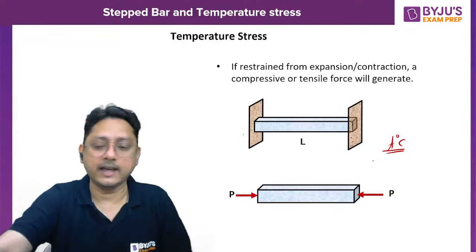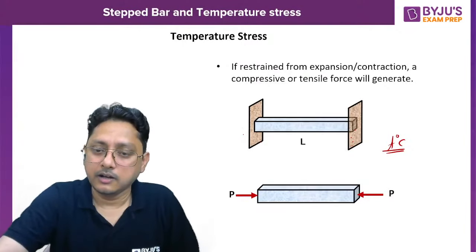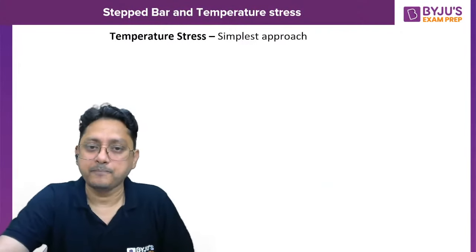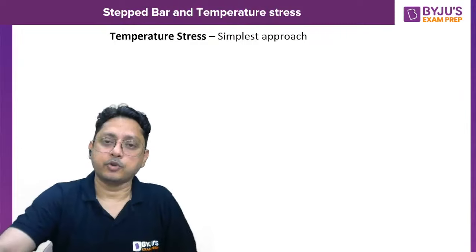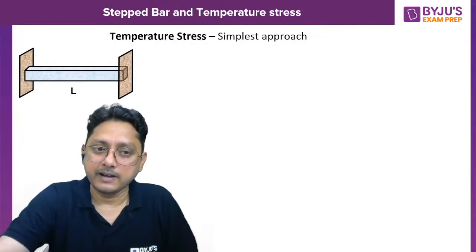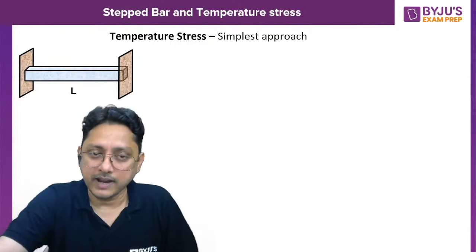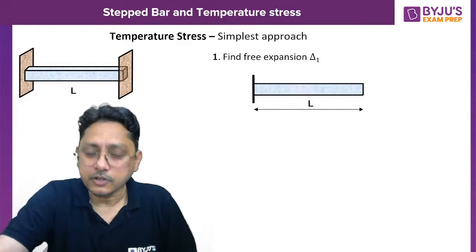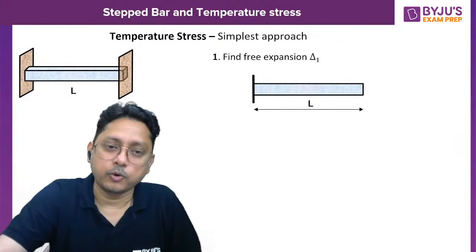Now, how to analyze this type of question? How to calculate the force for the bar? Let us see the simplest approach for the temperature stress. Suppose a bar of length L is restrained at both positions, or fixed from both sides. First of all, remove one of the supports.